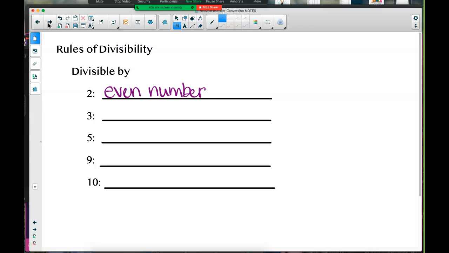So numbers that can be divided by 2 end in a 0, 2, 4, 6, or 8. If the number ends in a 0, 2, 4, 6, or 8, you can divide it by 2 all the time. That's just a good trick to know.